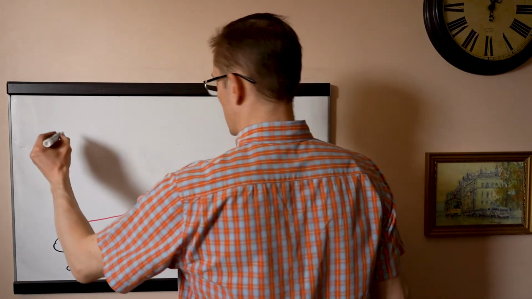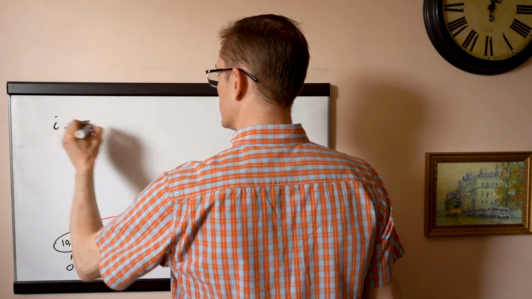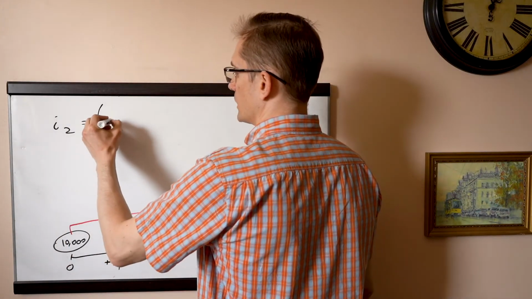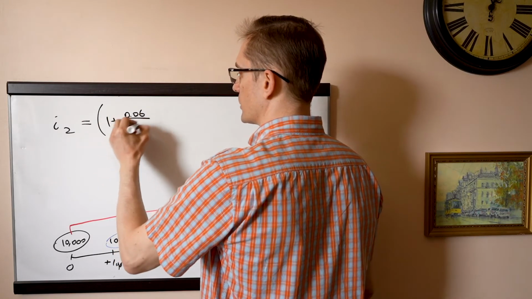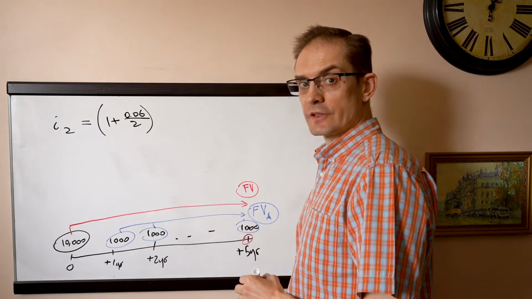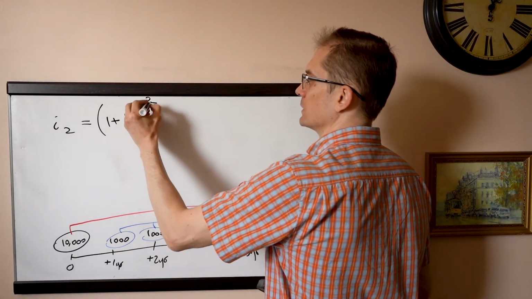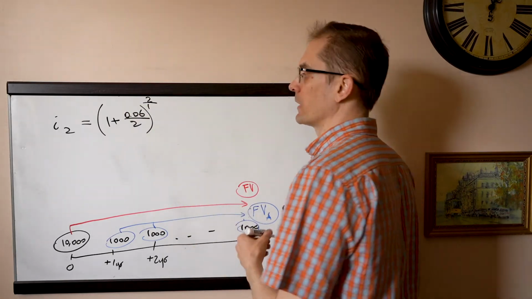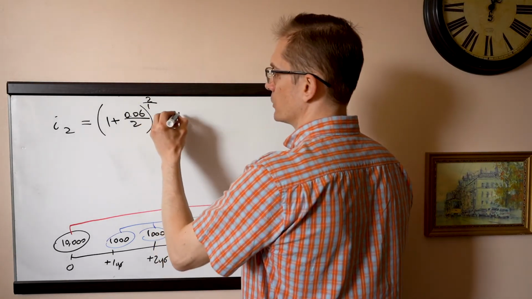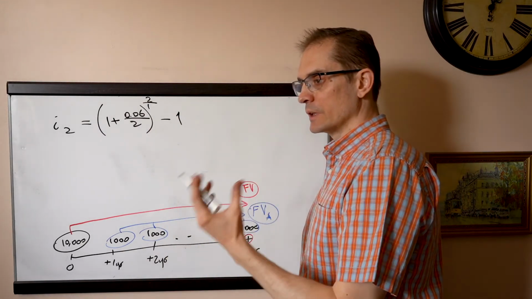Let's find I2. One plus 0.06 divided by 2, because that rate 6% is compounded semi-annually. So 2 over 1, okay, because we want a rate which is compounded annually. You also might wish to review what we talked about when we spoke about effective rate, right?